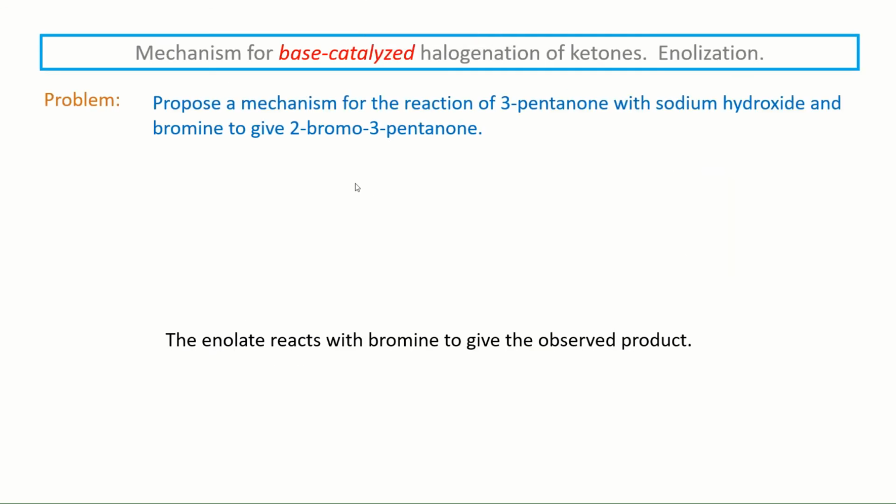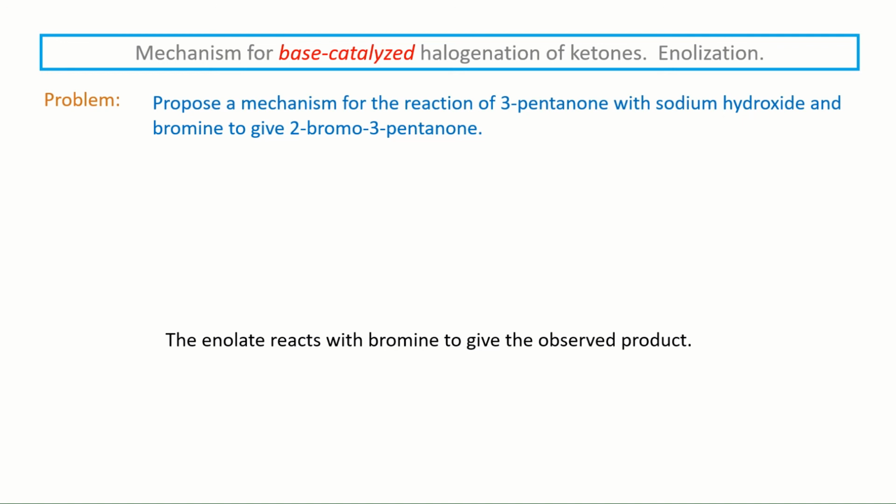Another question. This is the base catalyzed halogenation of ketones. And so here we're proposing a mechanism for the reaction of 3-pentanone with sodium hydroxide to give you 2-bromo-3-pentanone.